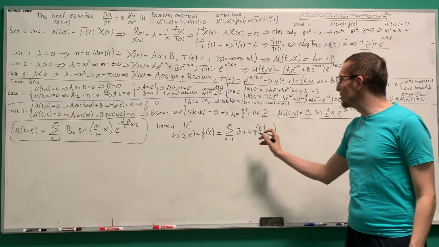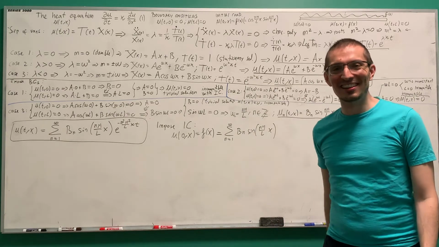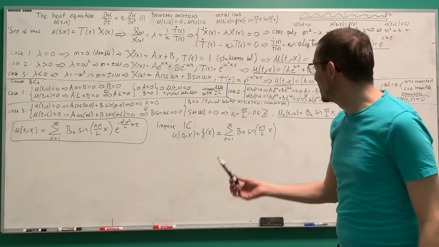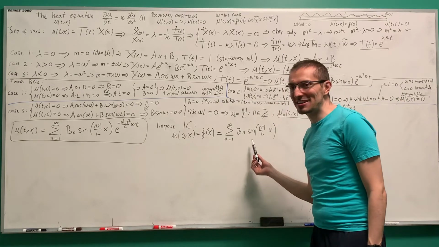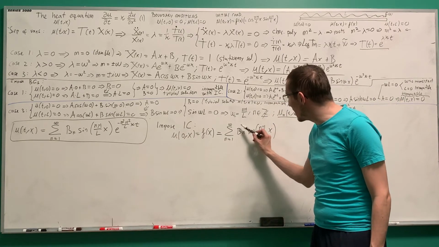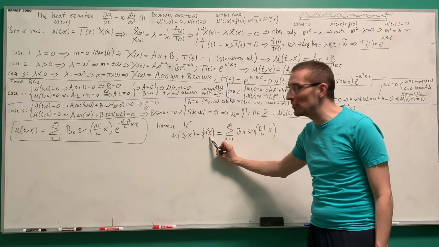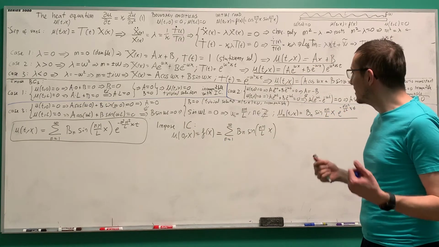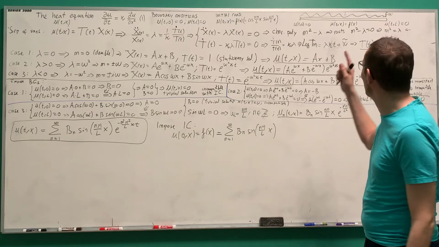So, how do we determine the bn's? Well, really glad you asked, because this connects with something we've seen. This thing is a Fourier series, isn't it? So in fact, the bn's here are the Fourier sine coefficients of f of x. This is a sine Fourier series, and indeed, this is an odd extension of f of x.